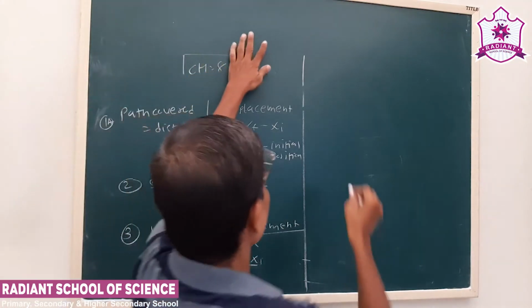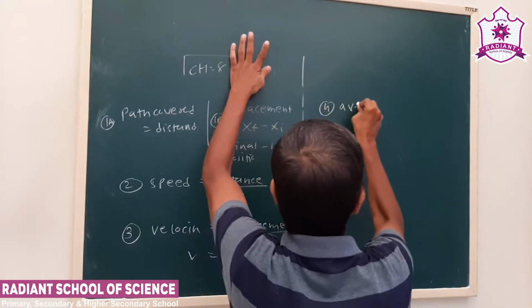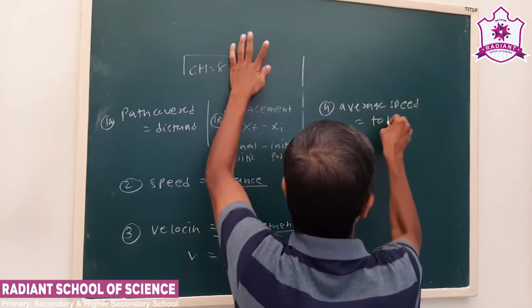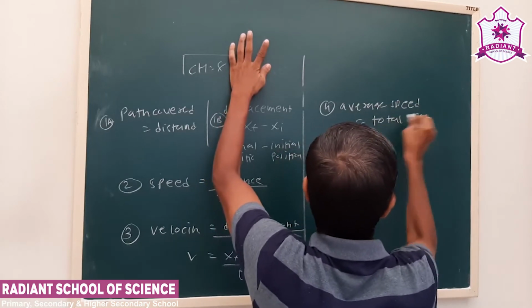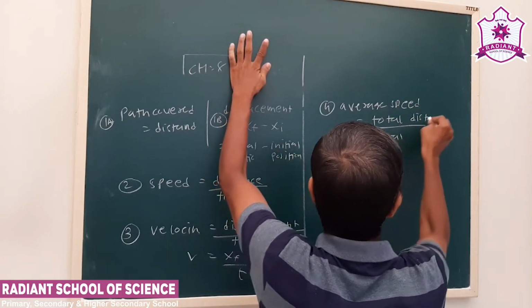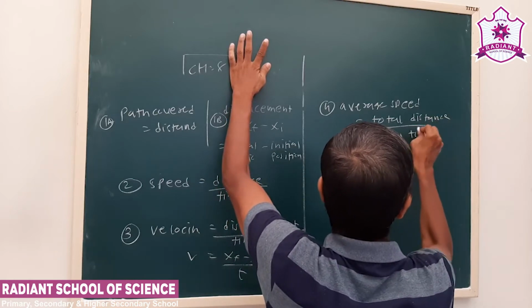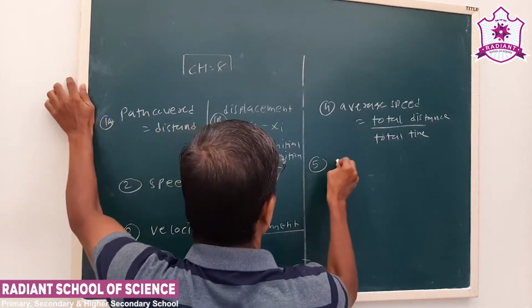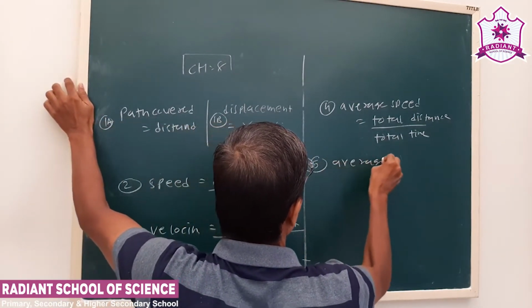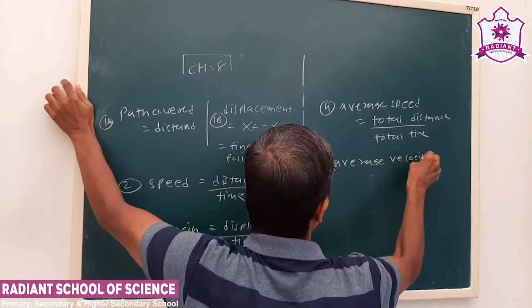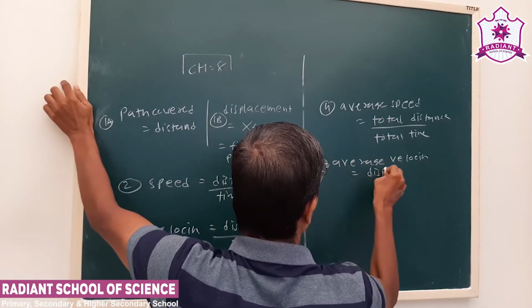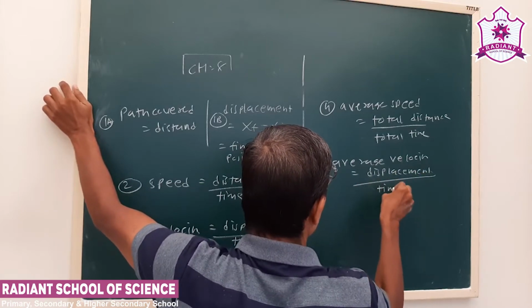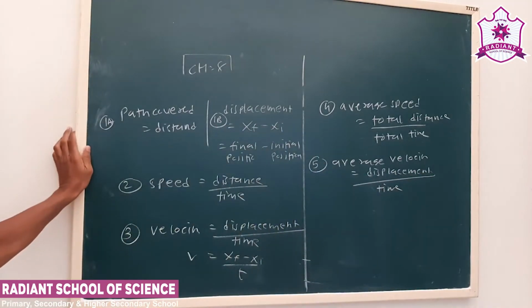Then average speed is total distance upon total time, and average velocity is total displacement upon total time.